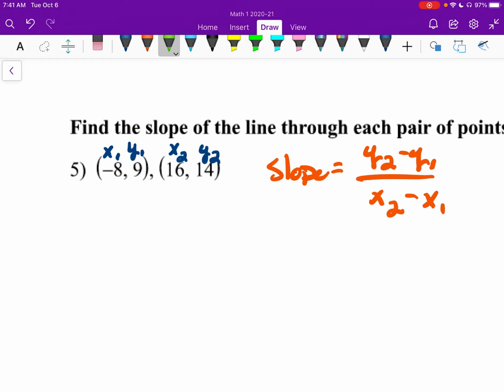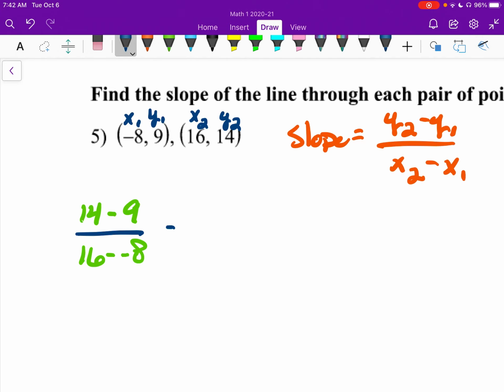So if I'm going to plug into the slope here, I'm going to say, well, y2, 14, minus y1, 9, over x2, which is 16, minus x1, which is negative 8.